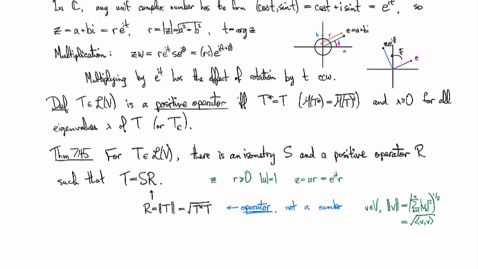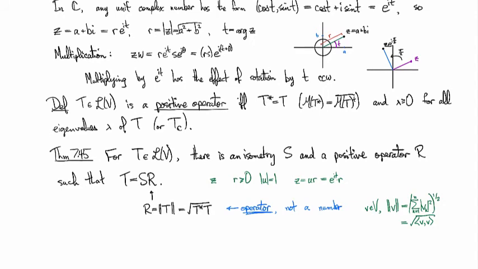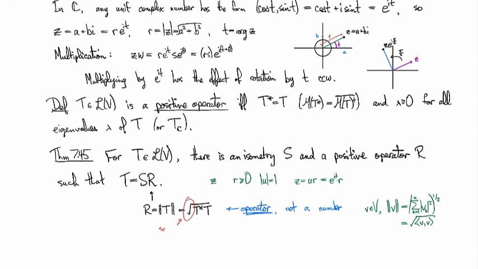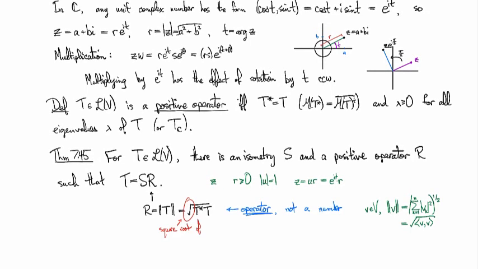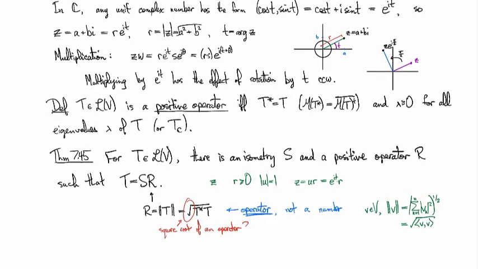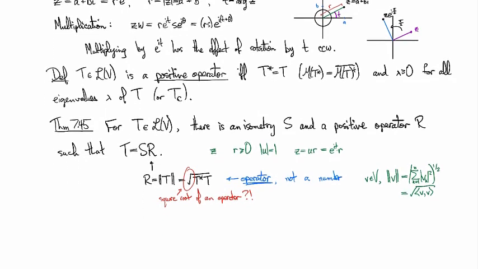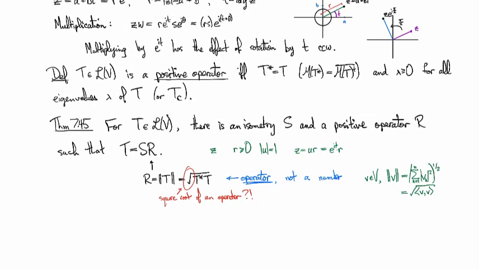Okay, so that would all be fine and dandy, but then you realize, hey, wait a minute, what the heck is going on here? This guy is the square root of an operator? Well, it turns out that's actually a thing.